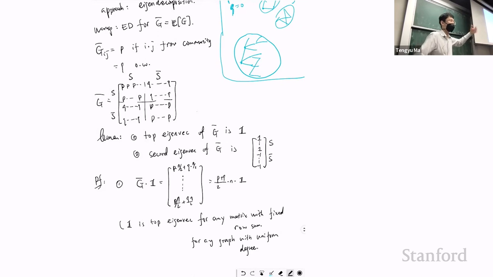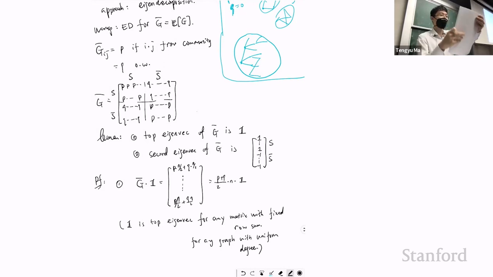So how many edges you have connecting to each of the vertices, that's basically the row sum. If the degree of all the vertices is the same, that means the row sum of the adjacency matrix is constant, and that means the all-one vector is the top eigenvector. So this is a very interesting fact. Basically, the top eigenvector doesn't really tell you much. You have to go to the second eigenvector to see the interesting things.